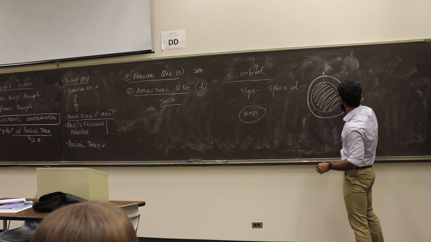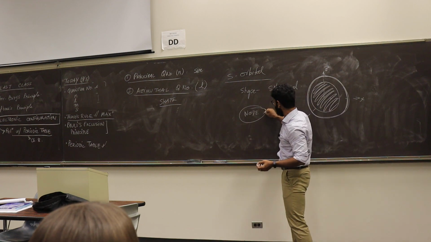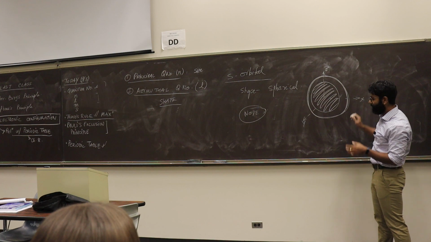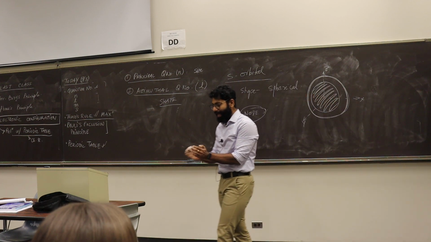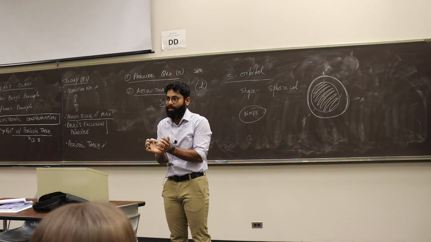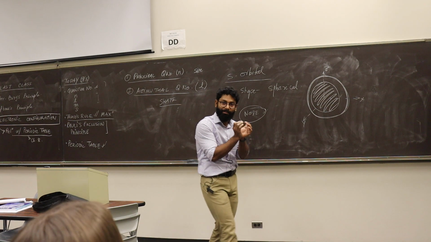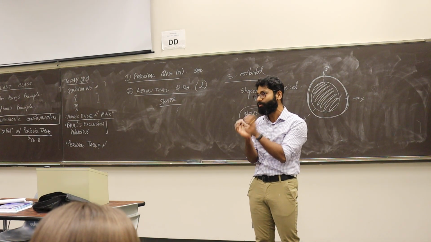We'll get into the concept of node, but imagine that there is a hollow sphere. That hollow is the node, because the probability of the electrons being in the hollow is 0, and that's why it is hollow.